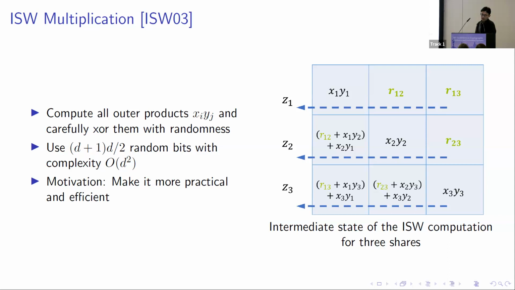The first step involves the computation of all outer products x_i times y_j, and in the next step we carefully XOR them with randomness to make sure that it satisfies probing security. The original ISW multiplication uses around D squared random bits, and it runs in quadratic time. So our motivation is to make it more practical and efficient, reducing its overheads.